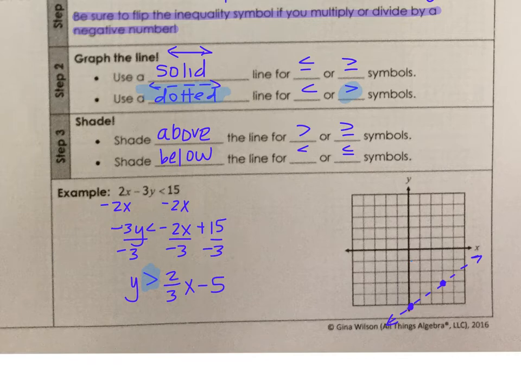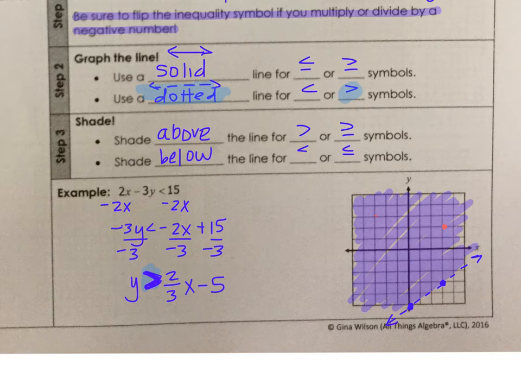So how an inequality works is this says that the y is going to be greater than. That means that I'm going to color anything above this line. So a solution to this equation is going to be anything that's in this colored section.